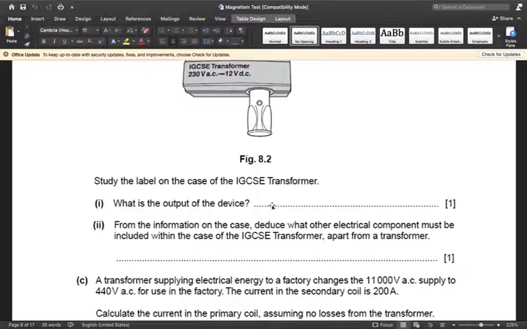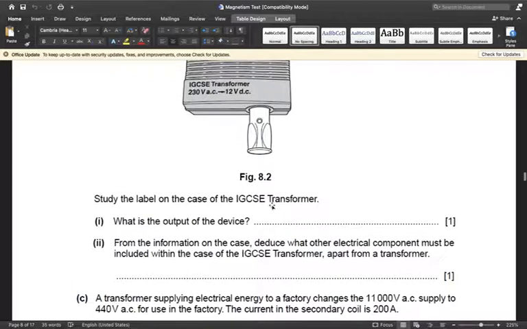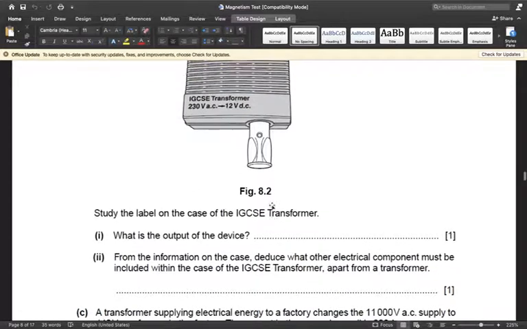Okay, let's answer that real quick. A secondary coil. Come again? Do you mean the voltage? Yes, the voltage. It's 12 volts DC.